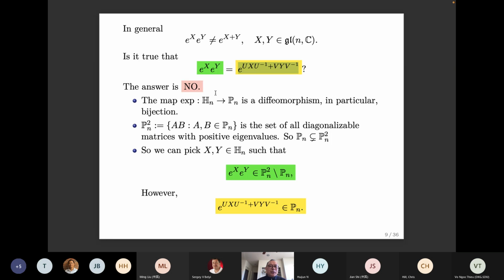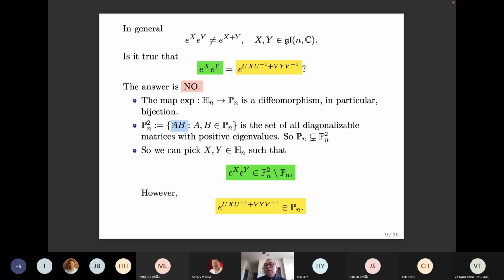Well, let's consider this. This map from the Hermitian matrices to the set of all positive definite matrices is a diffeomorphism. Since it's a diffeomorphism, it's a bijection. What is P_n squared? P_n squared is a notation. It's the collection of all products AB, where A and B are in P_n.